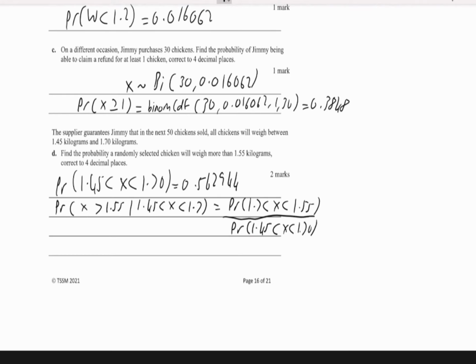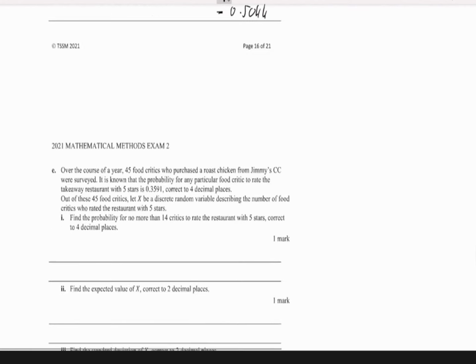You already have this value over here. I found it up there. Just plug that in, and you can evaluate this using your CAS. And that's 0.5044, to 4 decimal places.